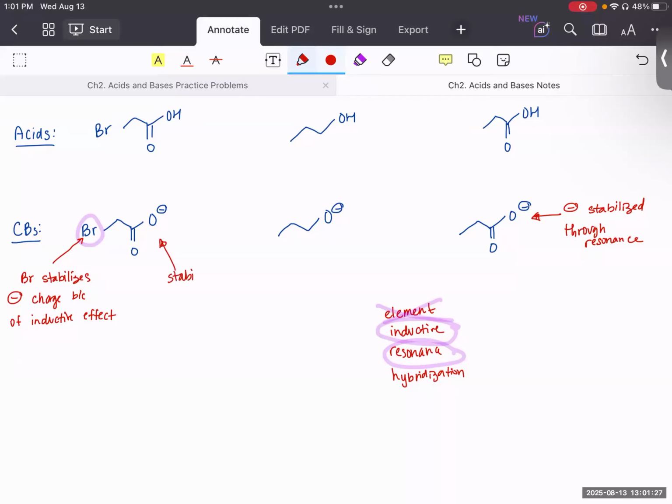And so we can see that now we have differences for the first, second, and third one, where this first one is stabilized through two separate effects, and that middle one isn't stabilized through anything, and then that last one is stabilized only through resonance. Now we can rank our order as this middle one being the weakest acid, in other words, the least likely to become deprotonated.